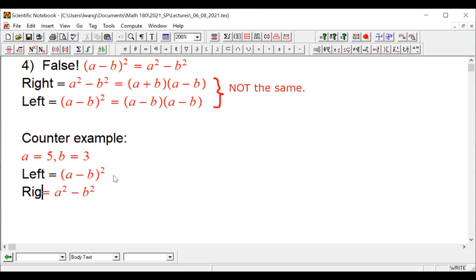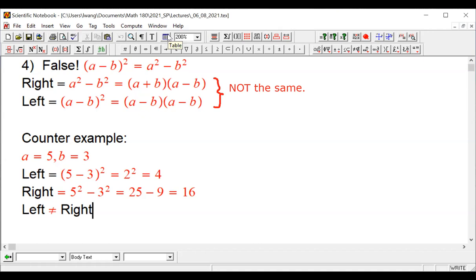So 5, 3, and that's by order of operation. We do parentheses first, we get 2 squared. 2 squared is 4. Over here, we have 5 squared minus 3 squared. That's 25 minus 9, that equals 16. 16 is not the same as 4, right? So left is not the same as right.